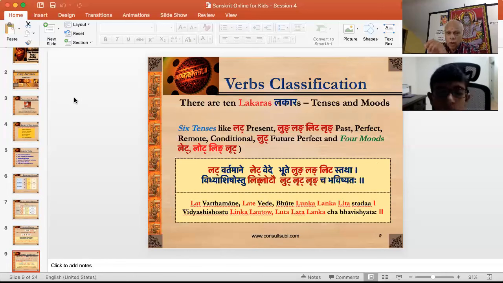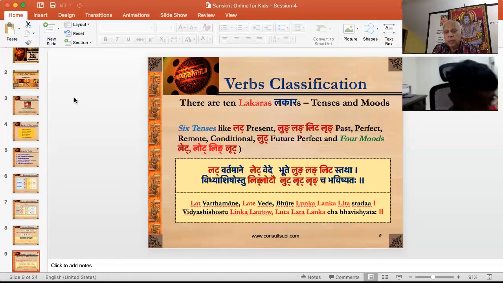Since they all start with la, they are called lakaras. Like lat means referring to present tense. Lit, lung, lrit, lung, referring to past, perfect, remote, and conditional. You also have a future perfect and also 4 different moods.